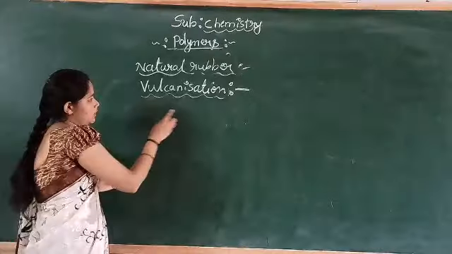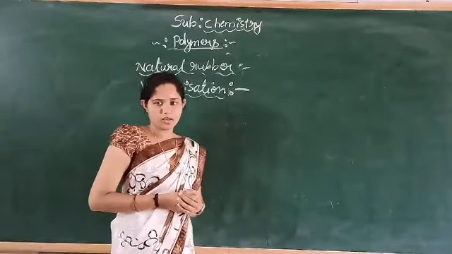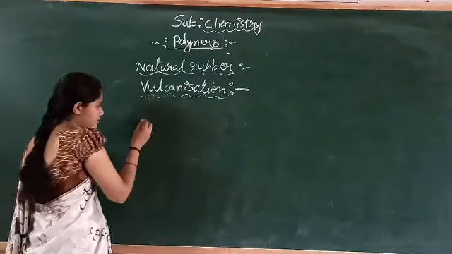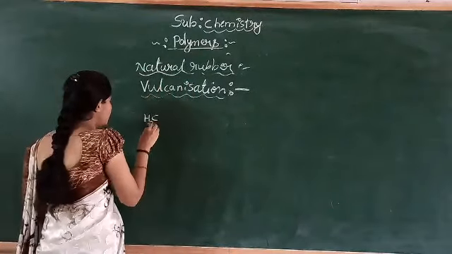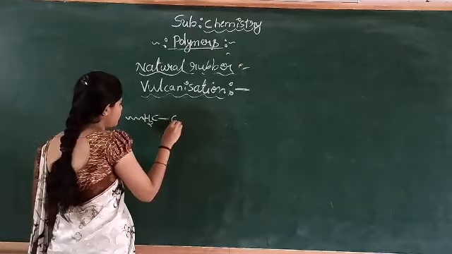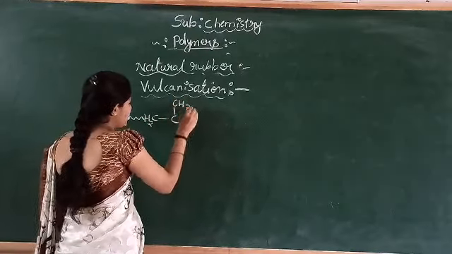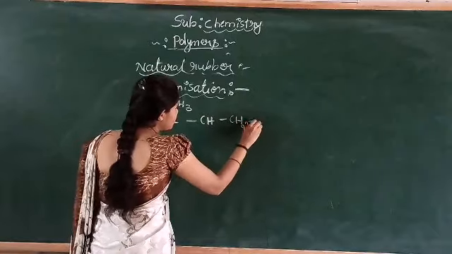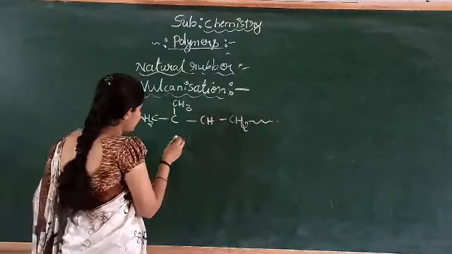So after vulcanizing natural rubber, which has the partial structure like this: this is CH2, this chain continues. Here we have CH3. Here we have CH2, this chain continues like this.